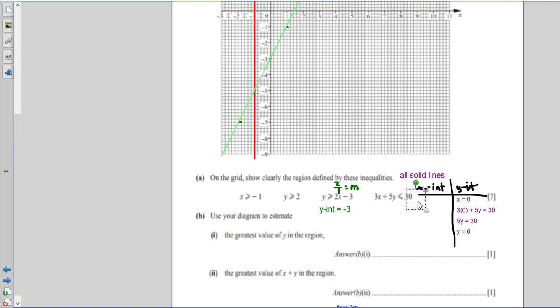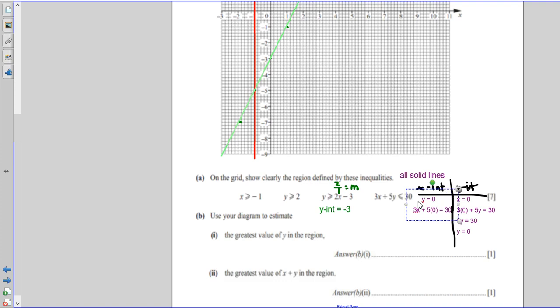For this one, we can say at the x-intercept, y is always equal to 0. So if the equation is 3x plus 5y, y is 0, so let's plug in 0, equals 30.